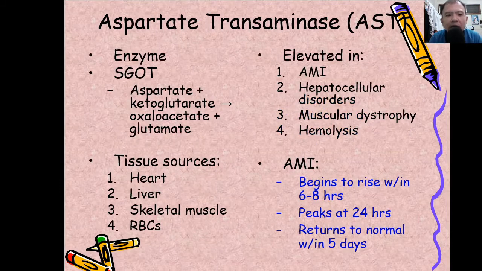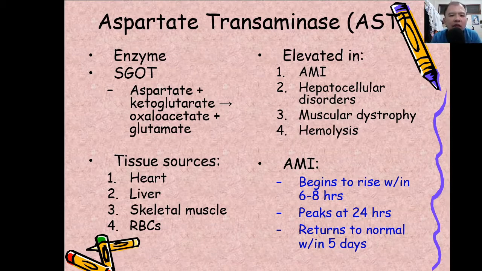The next biochemical marker is an enzyme again, and it is produced by a lot of sources: the heart, liver, skeletal muscle, and RBC. So we're talking about aspartate transaminase, and this enzyme is also important in detecting inflammation from the liver as well as inflammation of the heart.